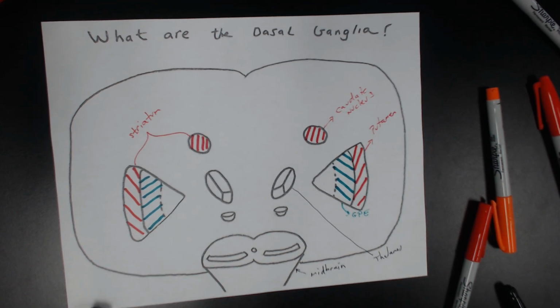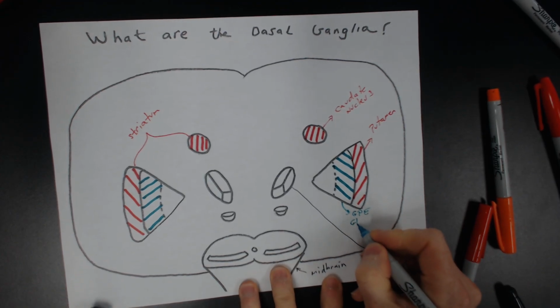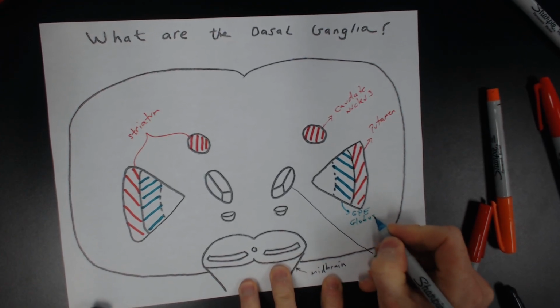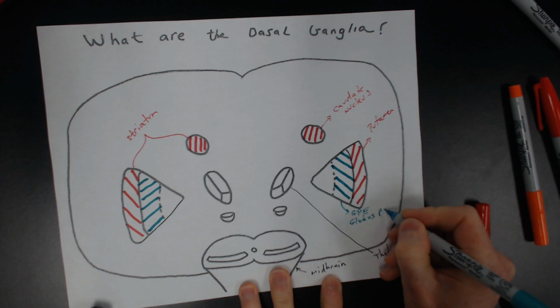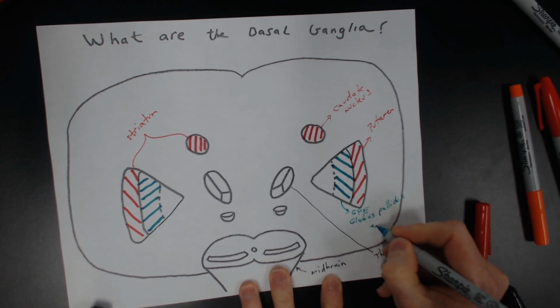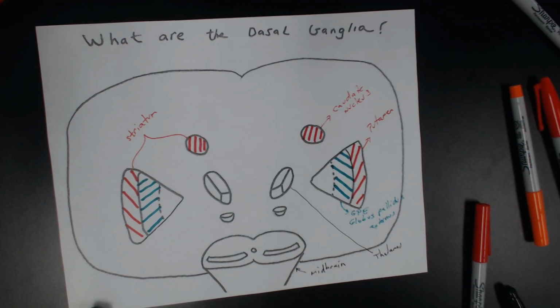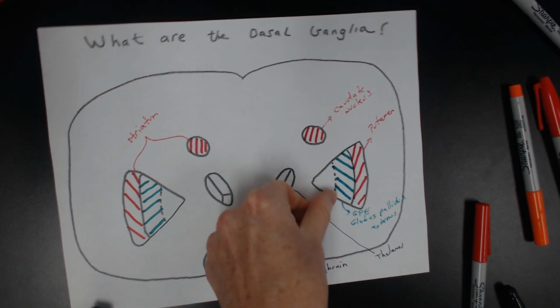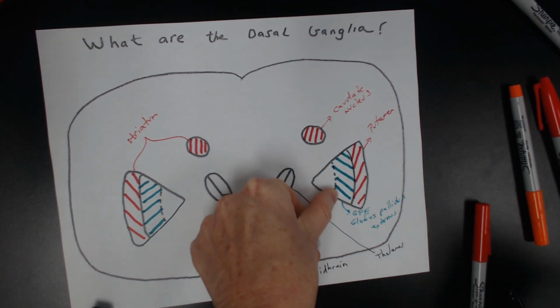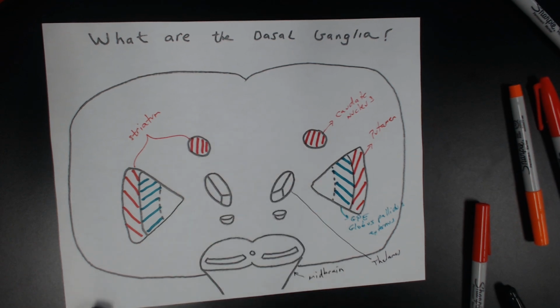And GPE stands for globus, G-O-B-U-S, pallidus, P-A-L-L-I-D-U-S. And then the E stands for externus. So your GPE is your globus pallidus externus. And the externus here is the one closest to the putamen, the one that's more lateral.